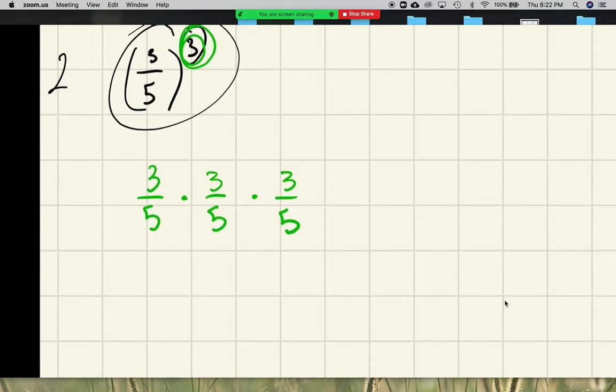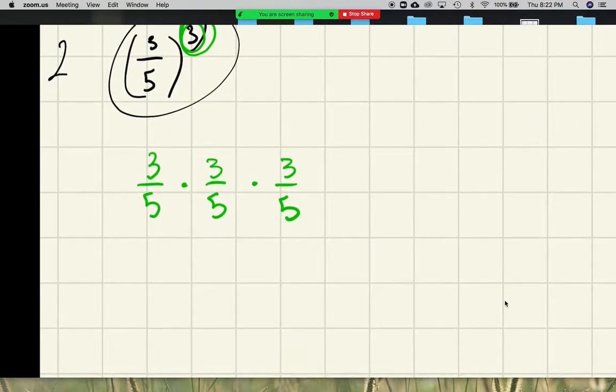When you're multiplying fractions, all you have to do is multiply straight across the top and then straight across the bottom. So this is actually the same thing as 3 times 3 times 3 over 5 times 5 times 5.